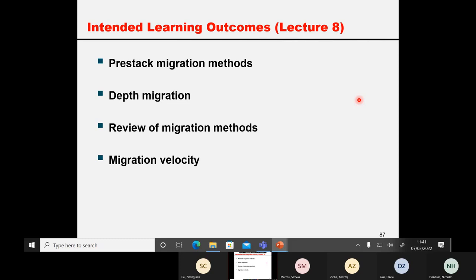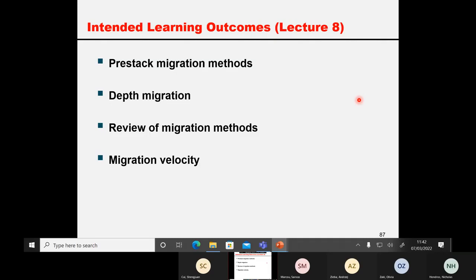Okay. But anyway, for a complicated subsurface structure, we do need to do the pre-stack migration. Post-stack migration will be used as an initial step, right? So we do NMO first, get the velocity, and then use this velocity to do the post-stack migration.